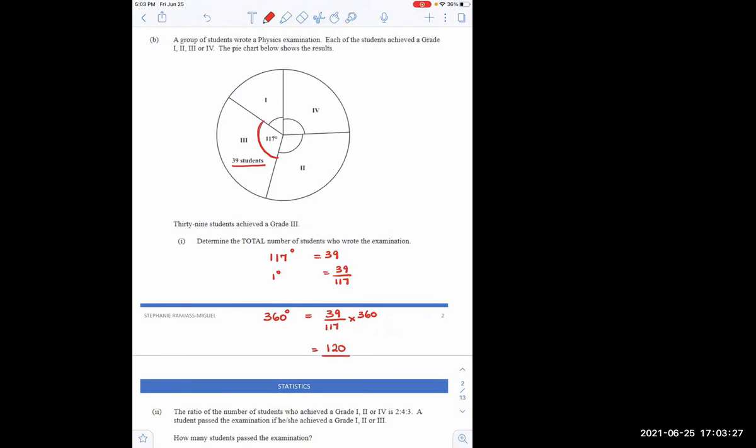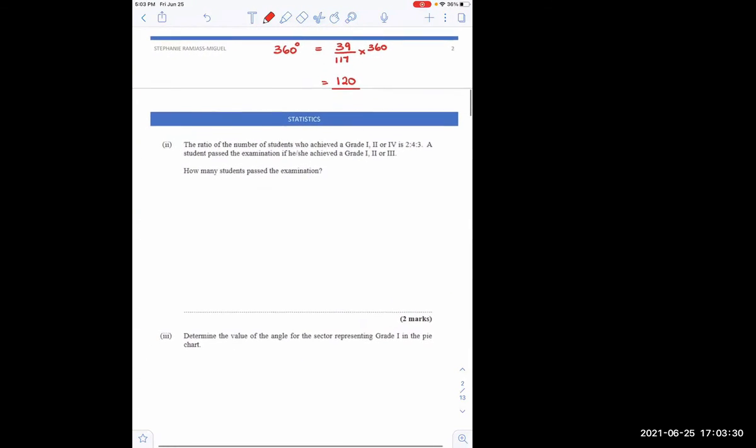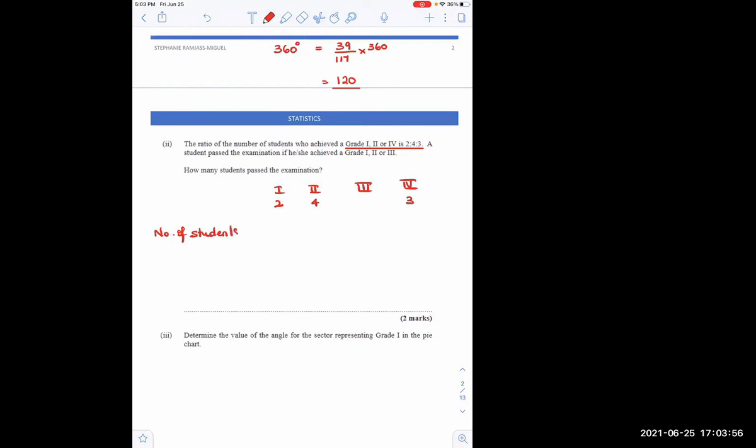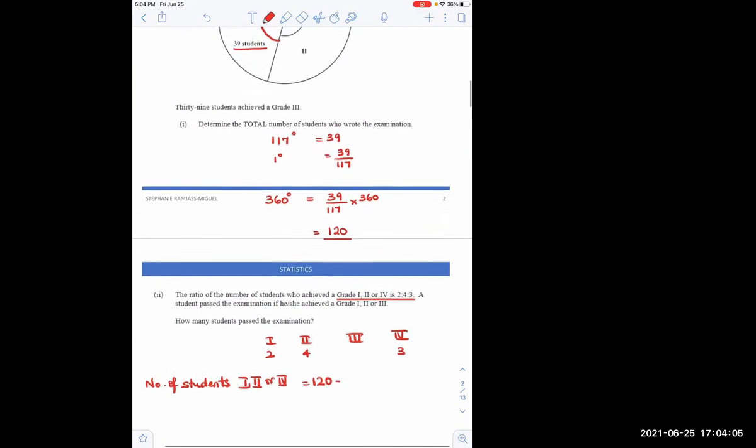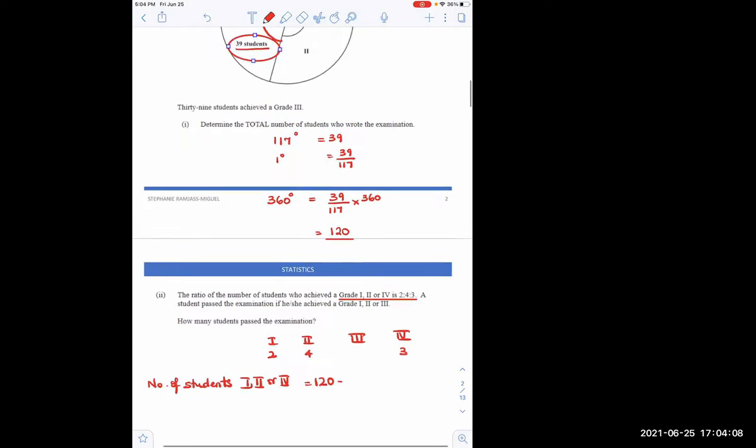Yeah, miss. All right. Now, the ratio of students who achieved grade 1, 2, or 4 is 2 to 4 to 3. We want to know how many students passed the exam. So the number of students receiving grades 1, 2, or 4 has to be 120 minus the 39 who received grade 3.